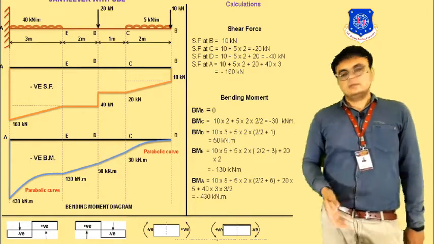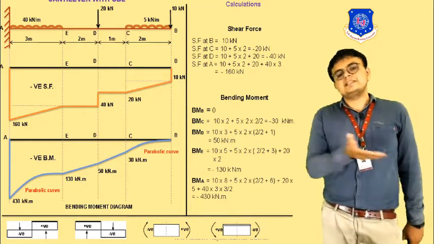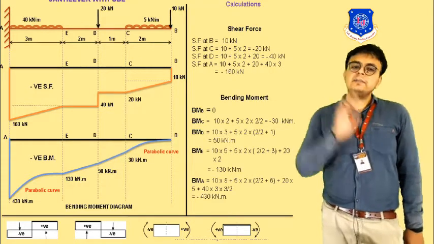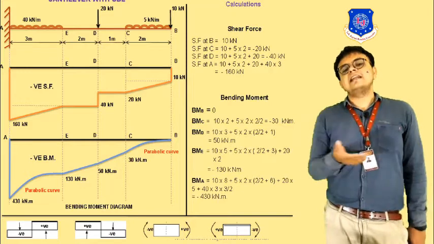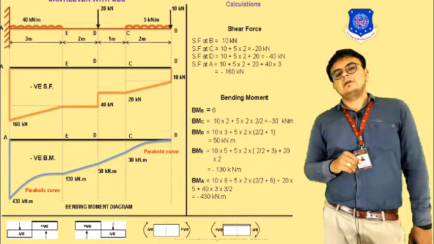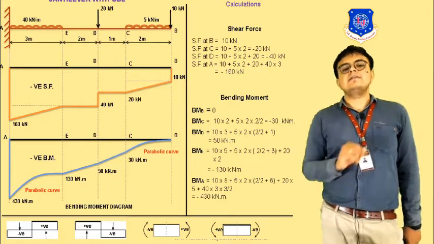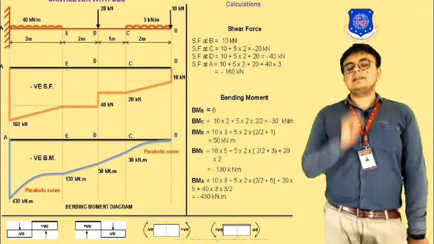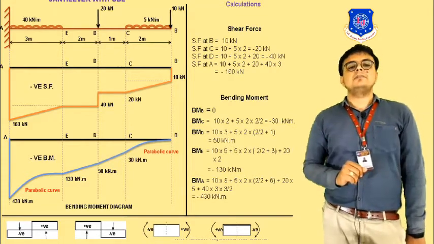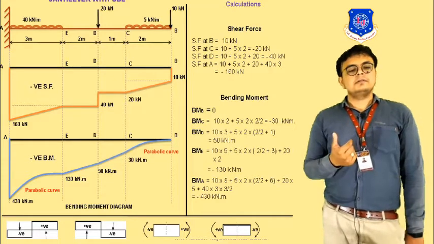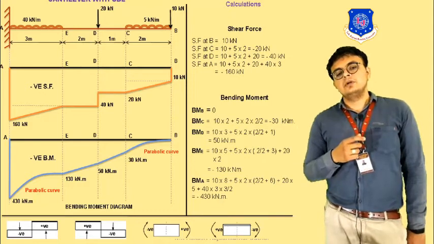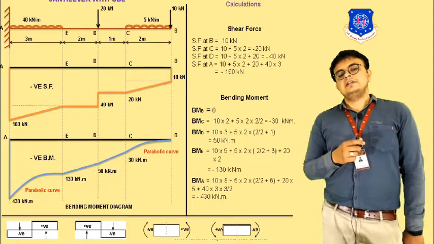After that there is no UDL, so it will be just an oblique line of 50 kilonewton meter at point D. Again it will be an oblique, slanting line at point C, having the value of 130 kilonewton meter, and after that again we have the UDL of 40 kilonewton per meter, and we have to designate it by a parabola, and finally we get the value of 430 kilonewton meter.